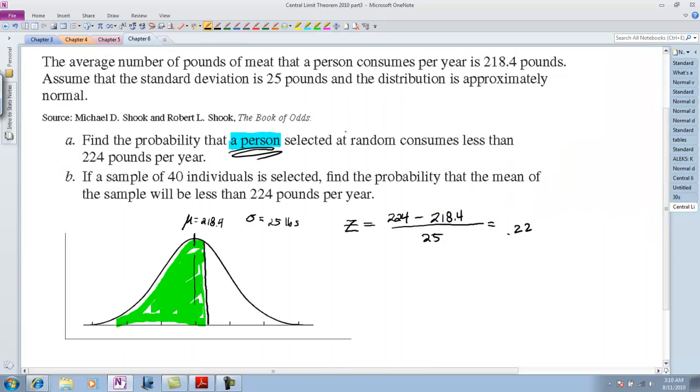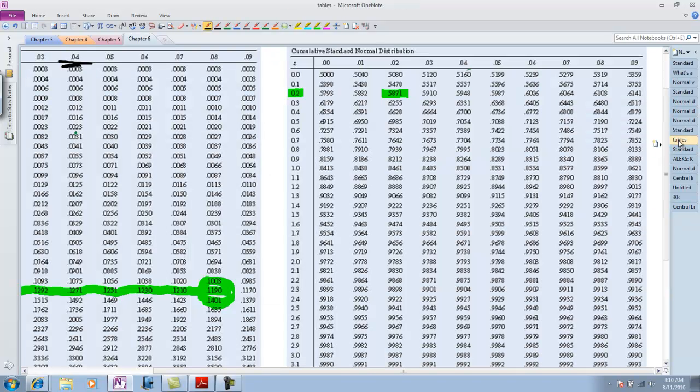So my answer is P of consumption less than or equal to 224 pounds, which is the same as P of Z less than or equal to 0.22, which is 0.5871.